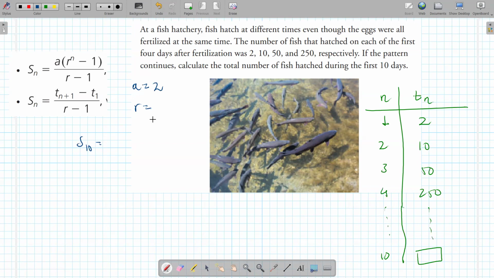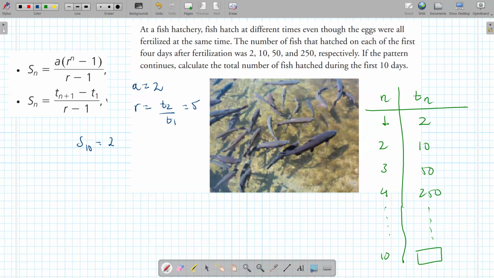Try again. R is not 2. R is a common ratio. R is T2 over T1. So what is it? 5. R is 5. If you have A and R, just like we did for arithmetic sequence, if you have A and D, you're going to use the top one. So we're going to use the top one here.